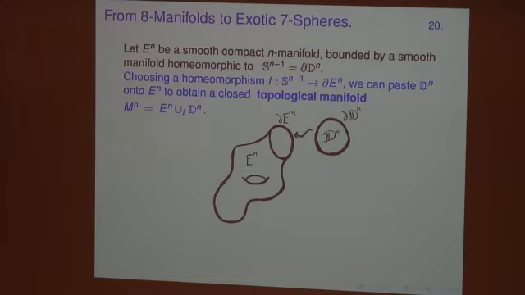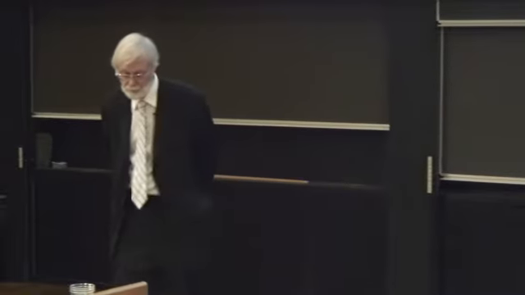Suppose that we're given an n-dimensional manifold which is bounded by a topological sphere. If we just have a topological manifold with this boundary as a topological sphere, we can paste a disk onto the end. The boundary of our manifold E^n is the same as the boundary of the standard disk D^n, and we just paste the boundary on and we get a closed topological manifold.